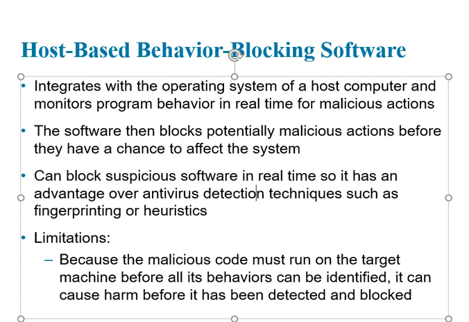It can block suspicious software in real time, so it has an advantage over antivirus detection techniques such as fingerprinting or heuristic. However, it has some limitations, because the malicious code must run on the target machine before its behavior can be identified. It can cause harm before it has been detected. This is the limitation, because before the malware is executed, this type of software cannot detect it, as it doesn't know the behavior itself.